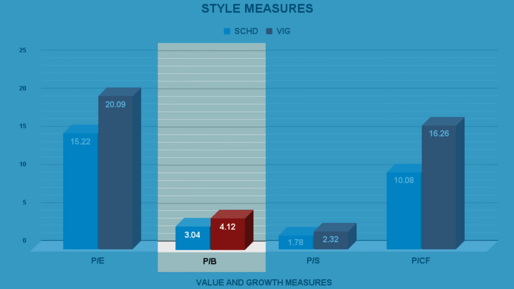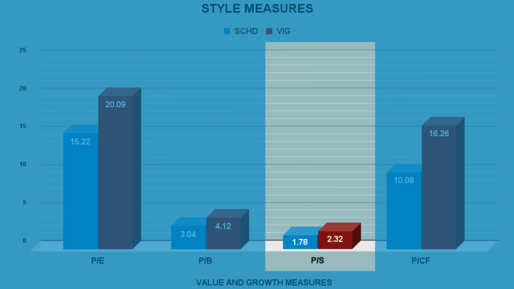Again, value for SCHD, growth for VIG. Let's talk about price to sales. SCHD has a PS ratio of 1.78, meaning investors are paying less for each dollar of revenue. In contrast, VIG's PS ratio is 2.32, showing that investors are paying more for that growth potential.